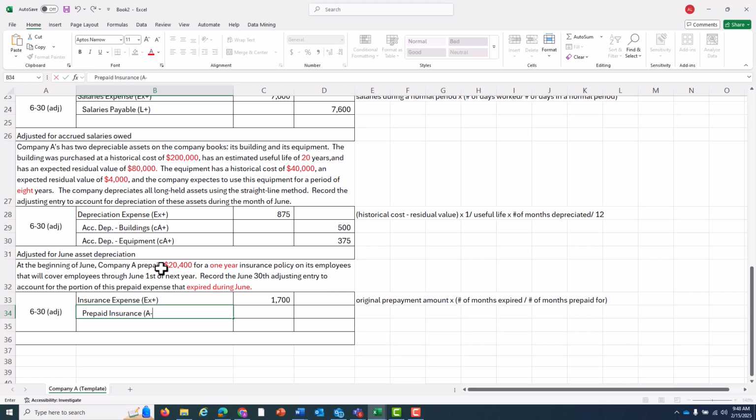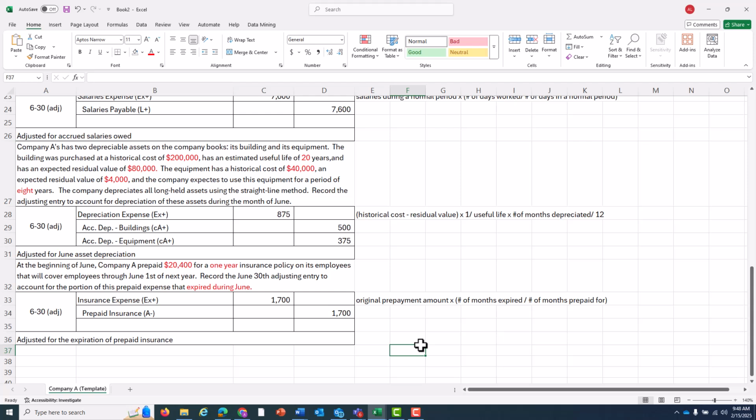And while the name of the account might change, it might be prepaid insurance, prepaid rents, prepaid advertising, the setup is always the same. It's going to be a debit to the expense and a credit to the prepaid account for the amount of expiration that you have, and you find that amount using this formula. So here we adjusted for the expiration of prepaid insurance.